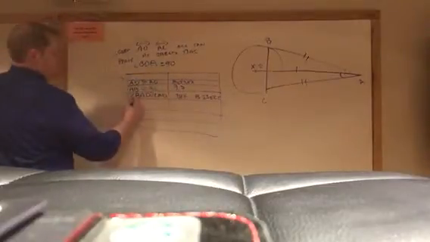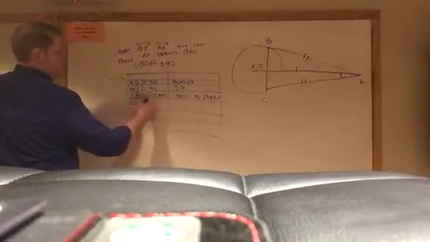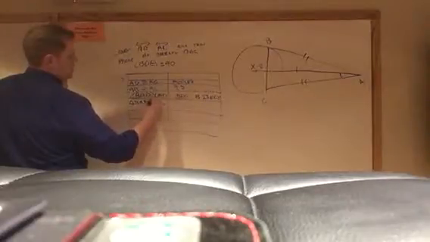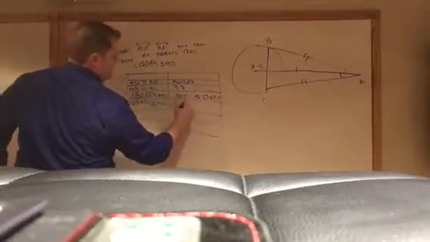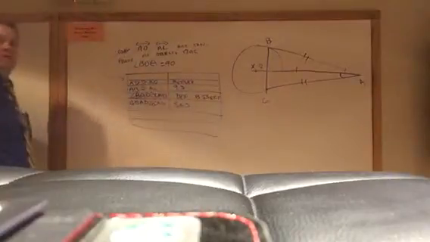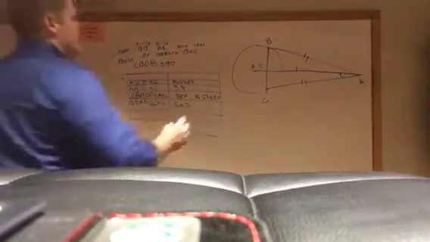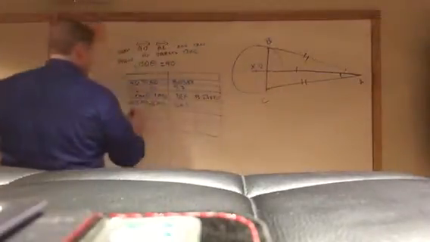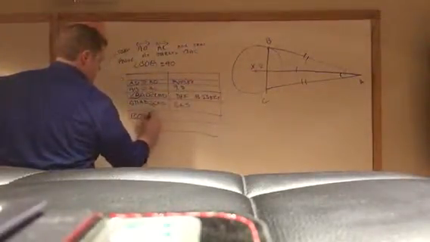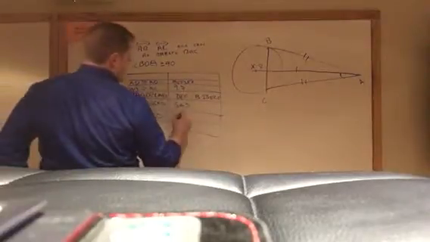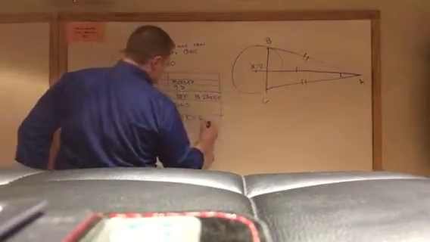So my triangle BAD is congruent to CAD because of side, angle, side. Now, so my triangles are congruent. What does that make BD and DC? Congruent. Why? CPCTC.